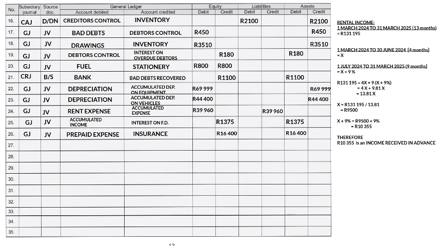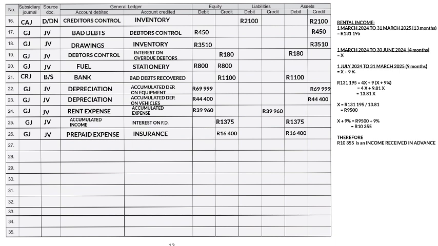We classify that as X. That is the amount that we received for rental before the increase. Then from 1 July it increased by 9%. So 1 July 2024 to 31 March 2025 is an additional 9 months in which we earned X plus 9% more. So now we put all of this into an equation.